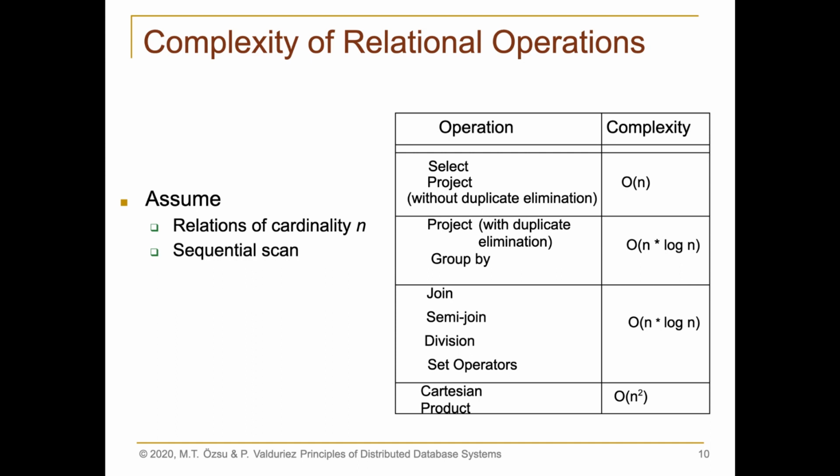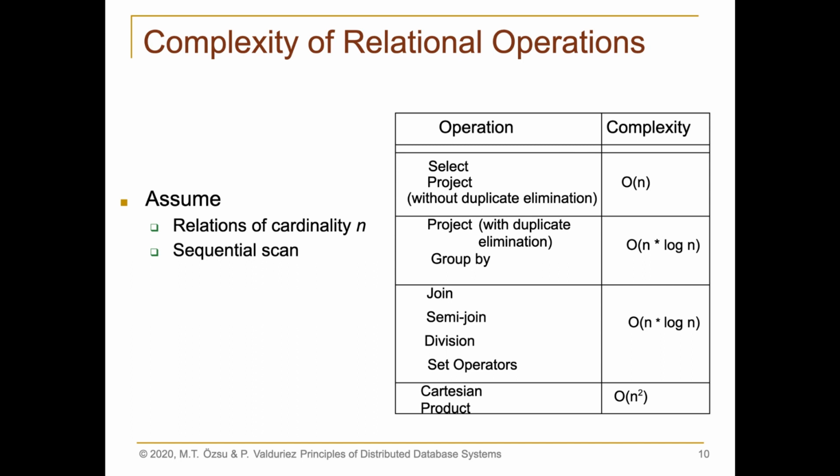For project with duplicate elimination and group by, the time complexity in the worst case scenario is O of n log n, which is a bit larger than O of n.